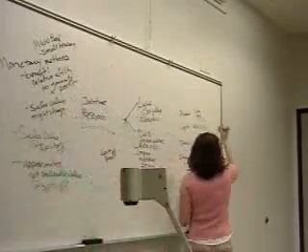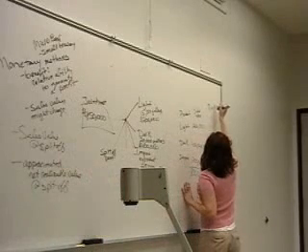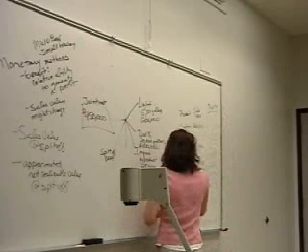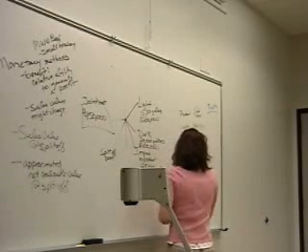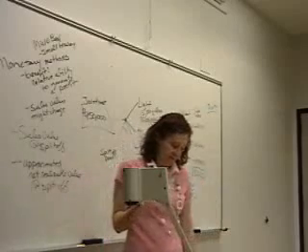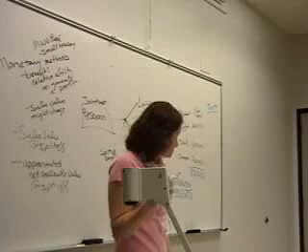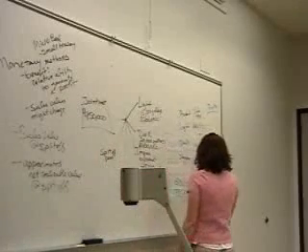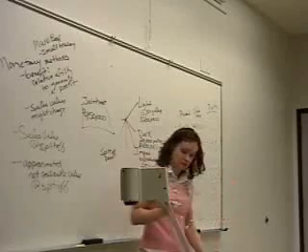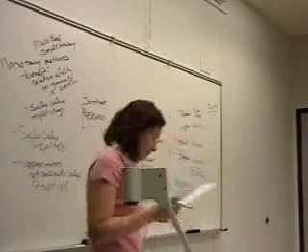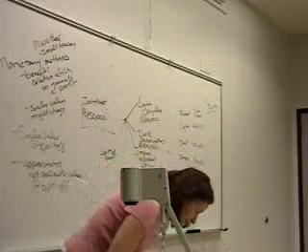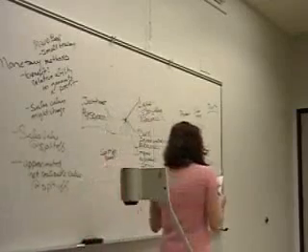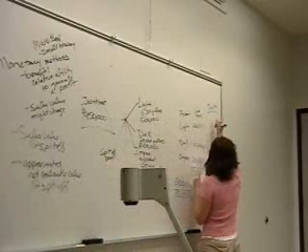Portion: $200,000 divided by 800,000 is 25 percent.